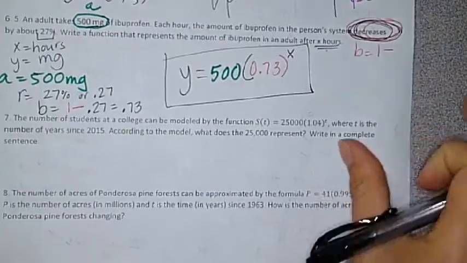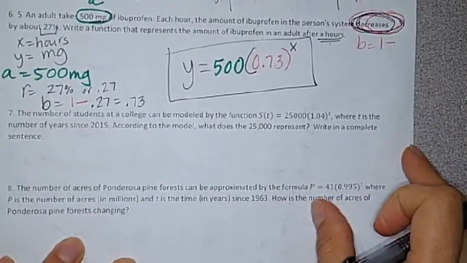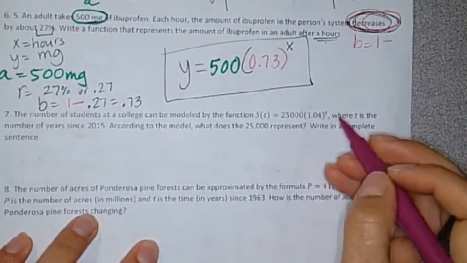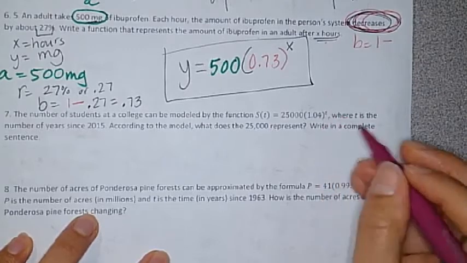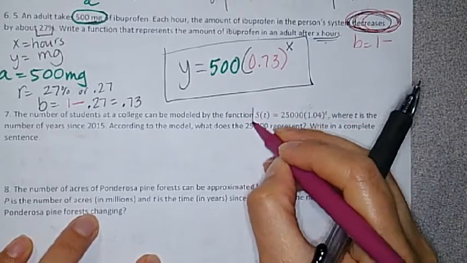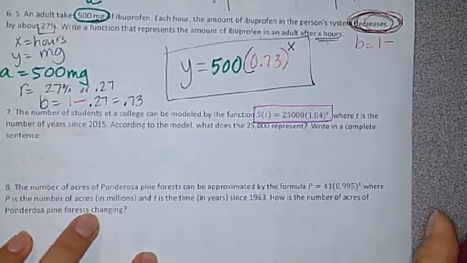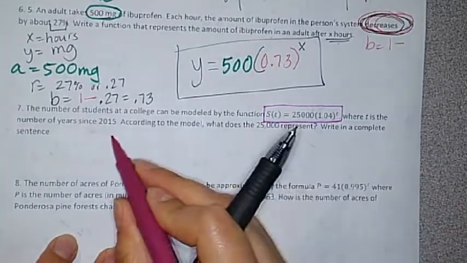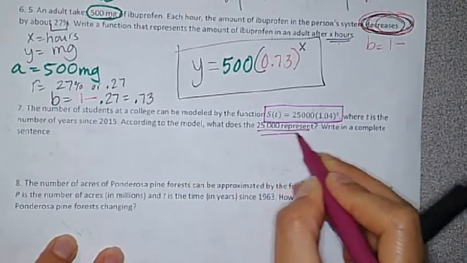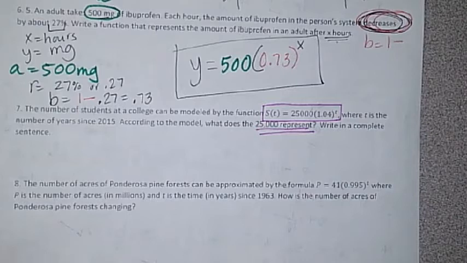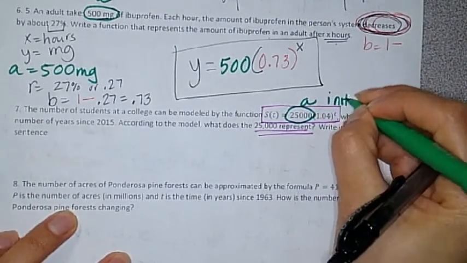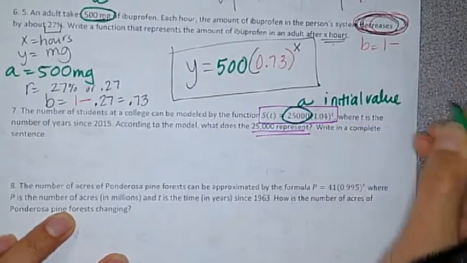All right, number 7. The number of students at a college can be modeled by the function S of t equals 25,000 times 1/400 to the t power, where t is the number of years since 2015. According to the model, what does the 25,000 represent? Write in complete sentences. So I know that the 25,000 here is the A, in this case the initial value, or the y-intercept.